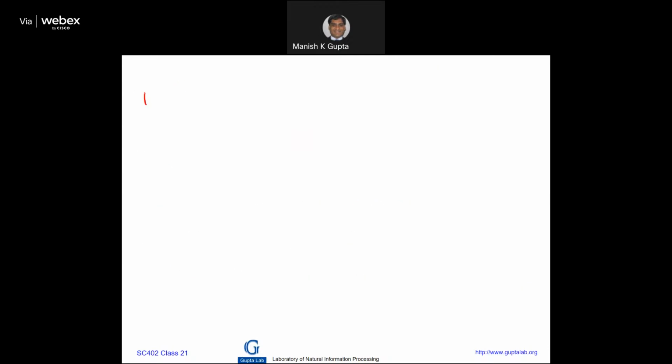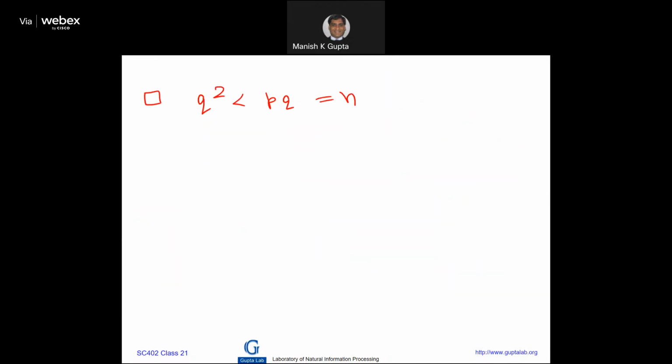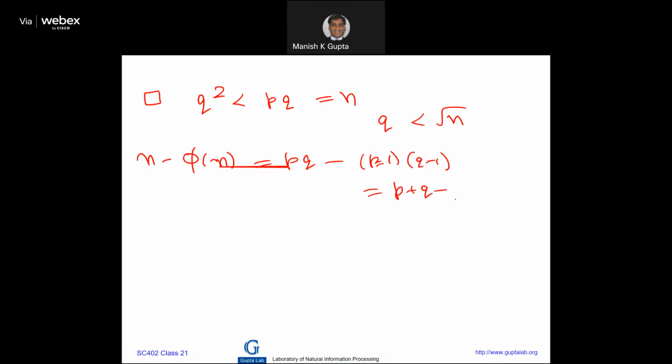Since Q squared is less than P into Q, which is N. Remember, Q is less than P is less than 2Q, right? So we multiply Q on both sides. So Q squared less than P into Q, which is N. So we have Q is less than square root of N. Okay. So in this case, N minus phi of N is equal to P into Q minus (P minus 1) into (Q minus 1), which is equal to P plus Q minus 1, which is less than 3Q, which is less than 3 times square root of N.